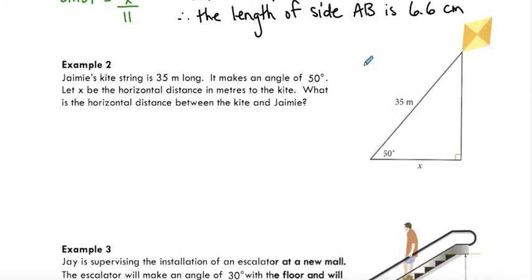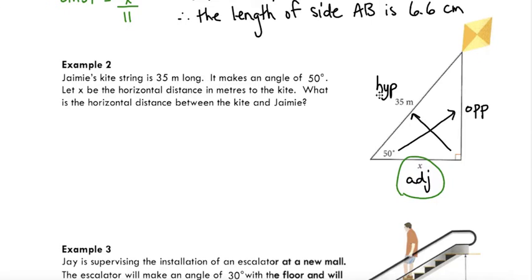So I'm going to start by labeling my sides. So here's the triangle that's given to me. Across from my right angle is the hypotenuse. Across from my given angle is the opposite side, and beside the angle is my adjacent side. I need to identify what I'm looking for. So I'm looking for my adjacent side. I know my hypotenuse side.